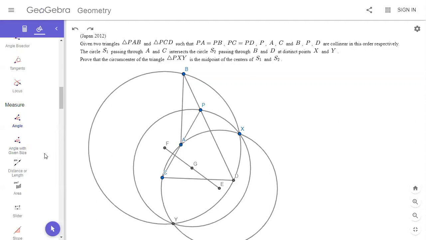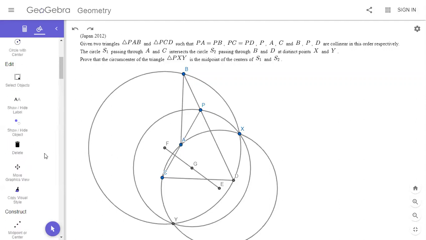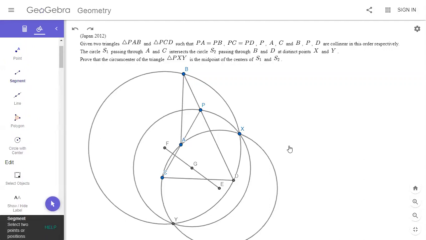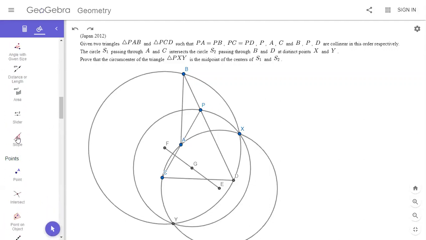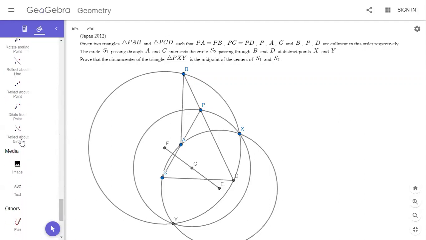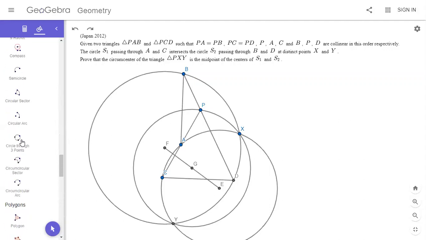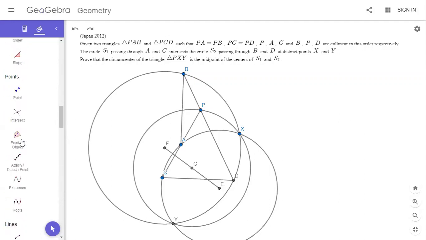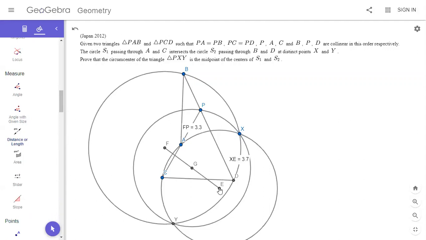Okay, so I'm going to draw in XY. Is PF equal to XE? It looks like it might be. Let's see. My measurement tool. 3.3, 3.7. No, not necessarily.